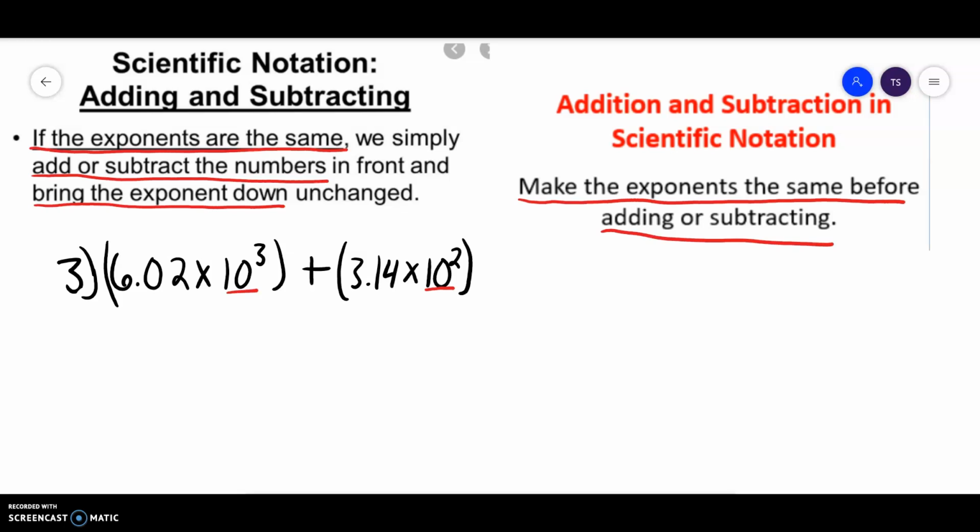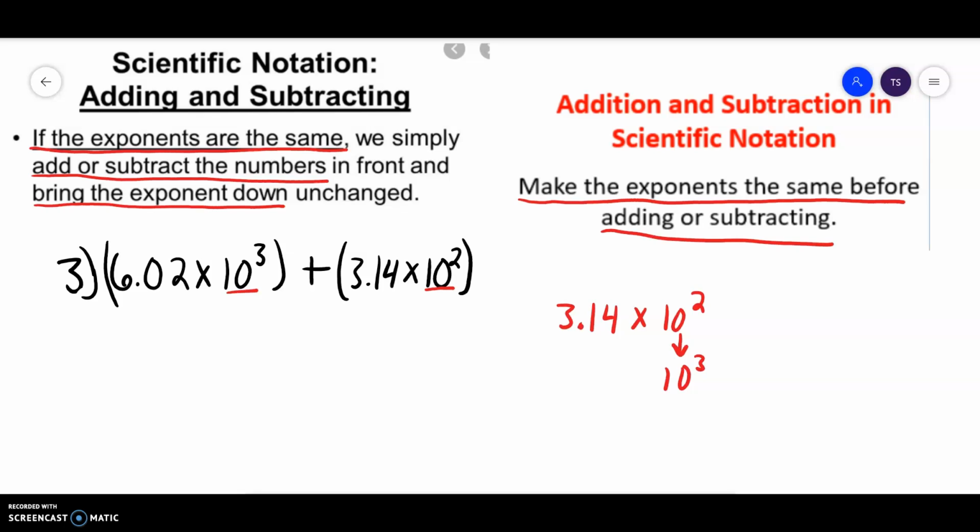So what I mean by this is, just for an example, let's take 3.14 times 10 to the second power. So if we want this side to become 10 to the third power, what do we have to do with the decimal point?